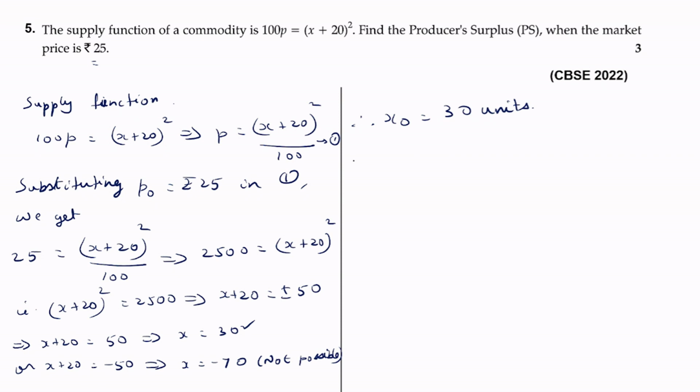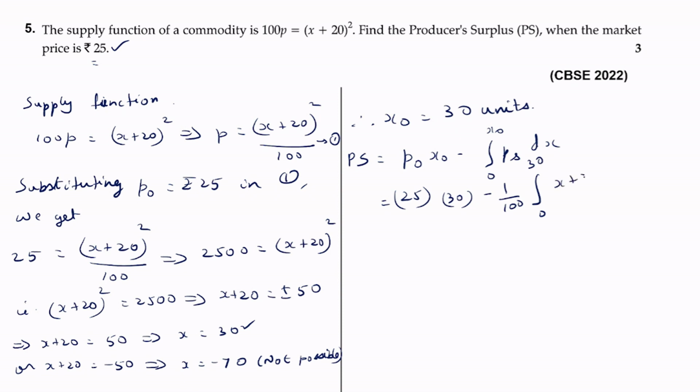Now we can find the producer surplus. Producer surplus is equal to p naught x naught minus integral 0 to x naught supply function dx. P naught is given, it is 25. So 25 into 30 minus, this is the supply function, 1 by 100 into integral 0 to x naught, which is 30, (x plus 20) the whole square dx.